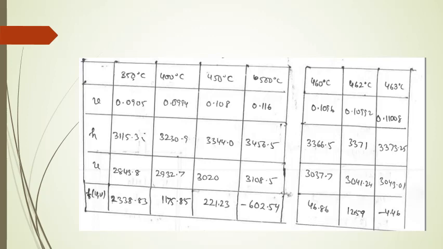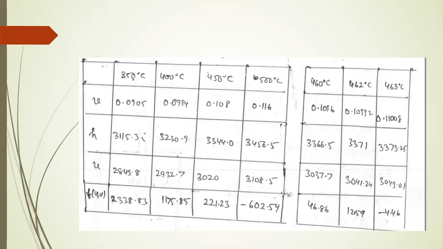Now we observe that the change of sign for this expression FUV takes place between 450 degrees Celsius and 500 degrees Celsius. Okay, so it is clear that the solution lies between 450 degrees Celsius and 500 degrees Celsius.